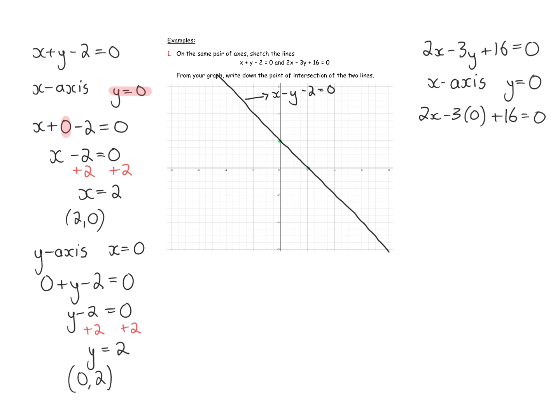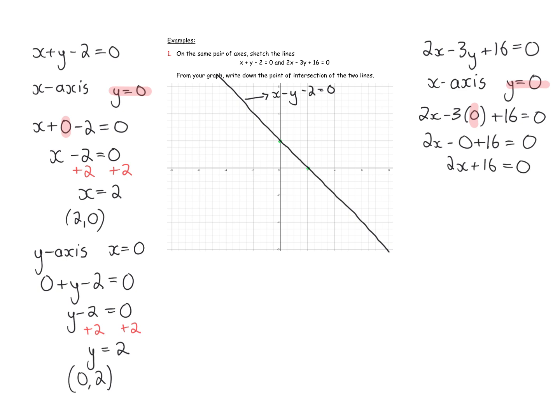So again, all I've done here is figure out where y is 0 by replacing y with 0. Then what I'm going to be left with here is 2x minus 3 times 0, which is 0, plus 16 is equal to 0. What I have then is that 2x plus 16 is equal to 0.